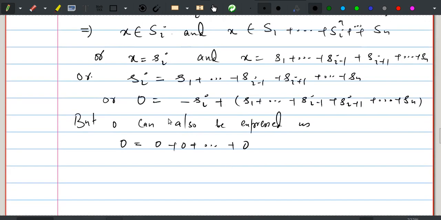Here we have proved that 0 can be expressed in two ways. This forces these two expressions to the fact that these Si's are all 0, by the uniqueness hypothesis.